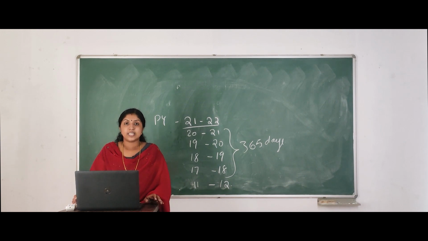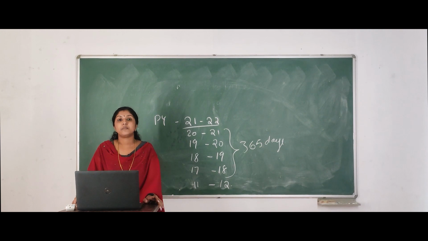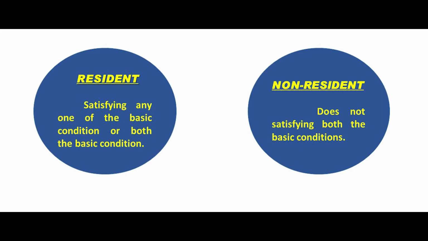Then we have discussed the basic conditions and additional conditions. Next, on the basis of these conditions, how do we determine the residential status of an individual? Listen here.